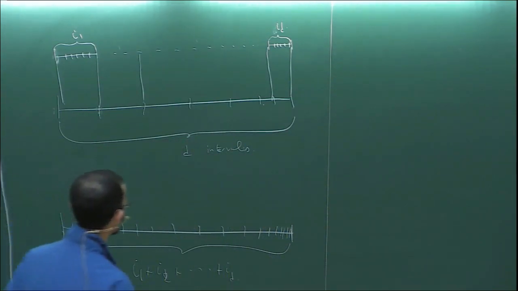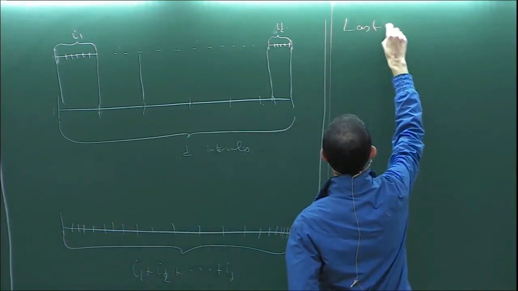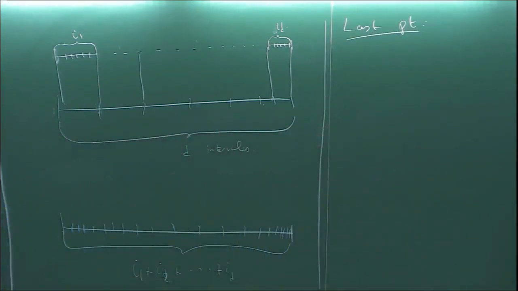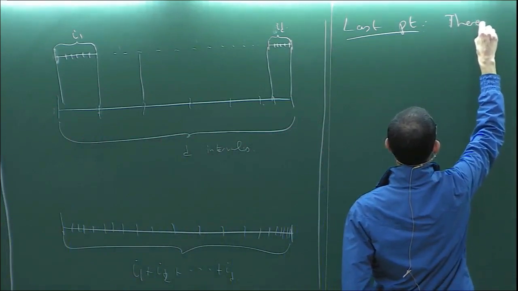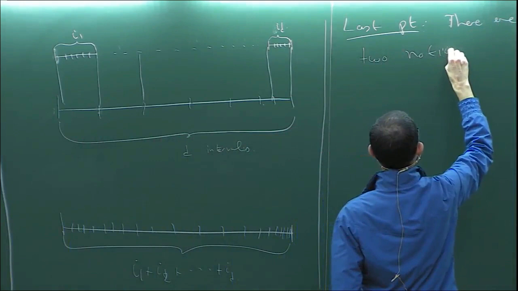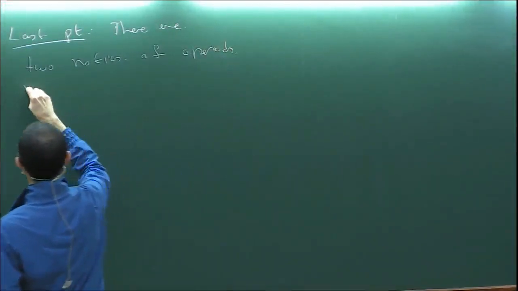The last point is that in Basu's talk, there was a discussion of wanting to have a symmetric group action on the operad. So there are two notions of operads which are called symmetric.